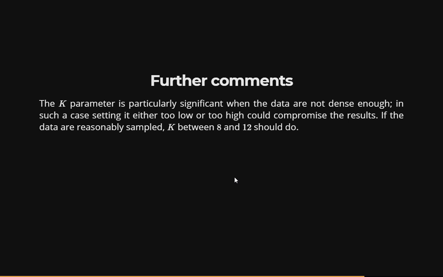The k-parameter: the algorithms are sensitive to the k-parameter when the sampling is not dense enough. In that case, too high and too low can both be bad. For example, for the handwritten digits, I didn't play with k, also because the running times were more or less comparable, around 30 seconds.